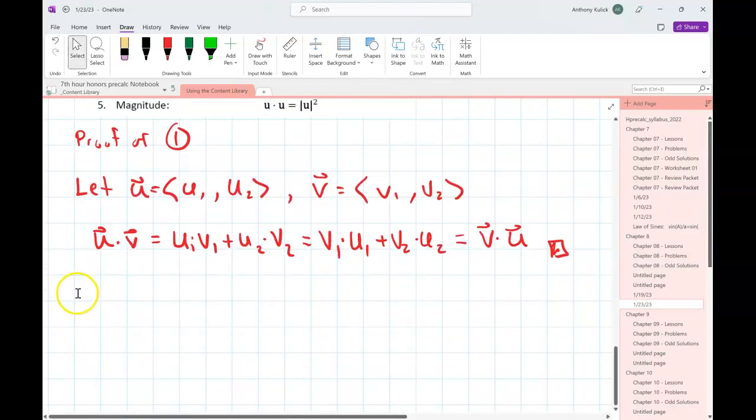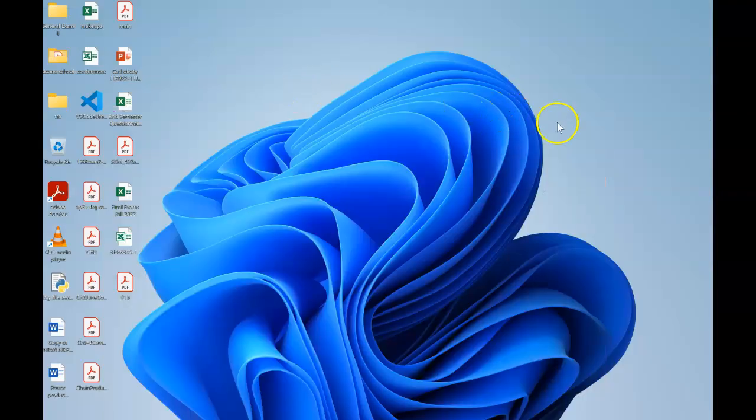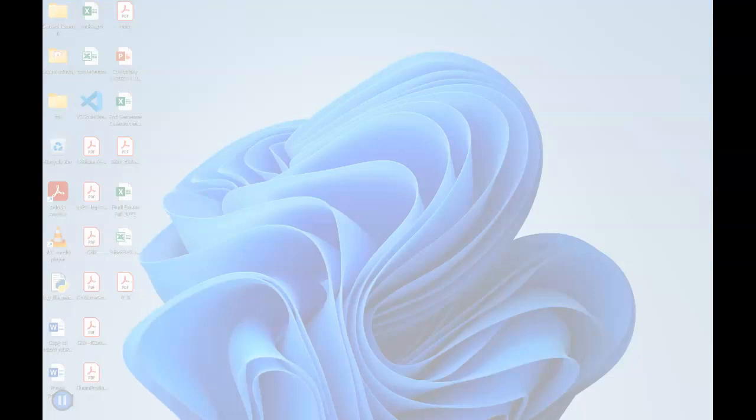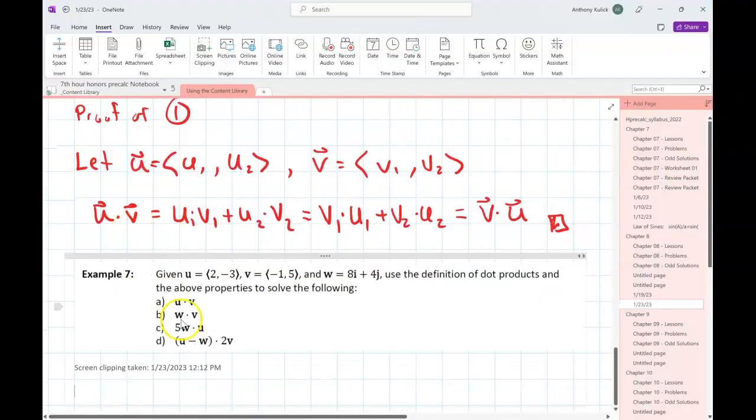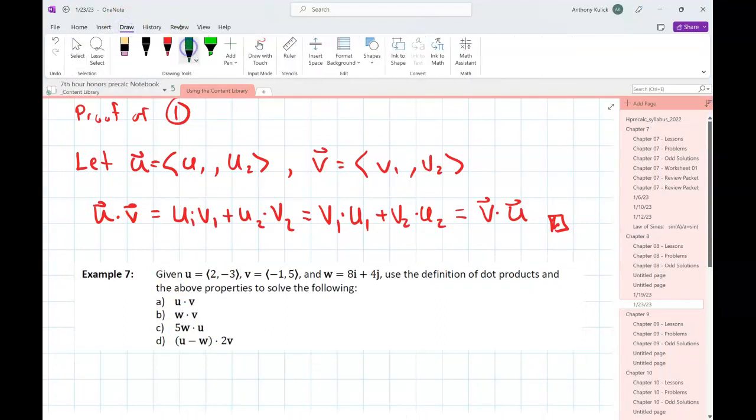Okay. Let's also do a numeric example just to hammer this calculation home, since it's one that you'll do a lot. So here we're given three vectors, u, v, and w. Now notice u and v are written in component form, but w is written in this other form.